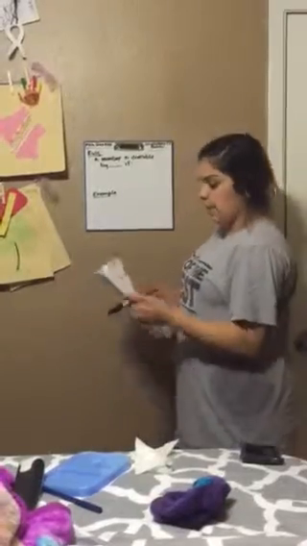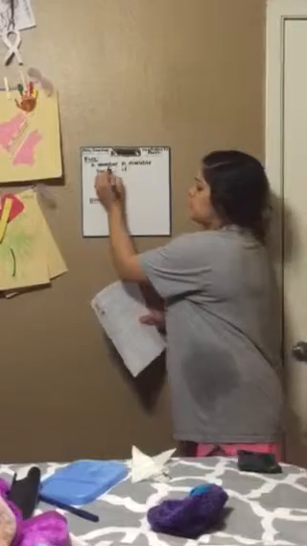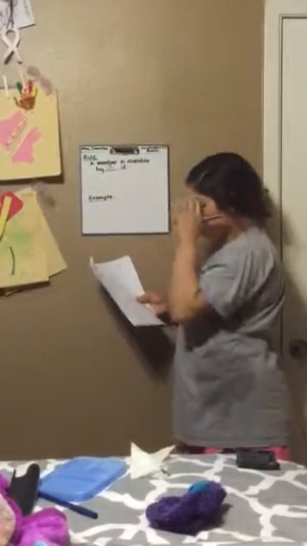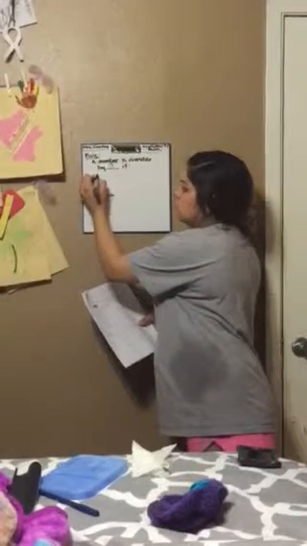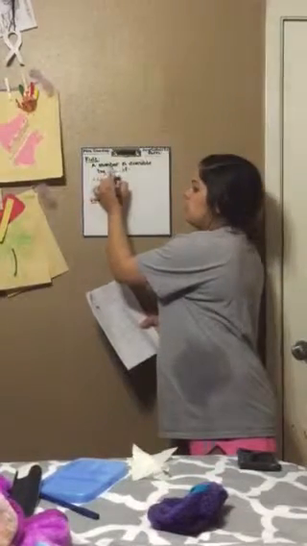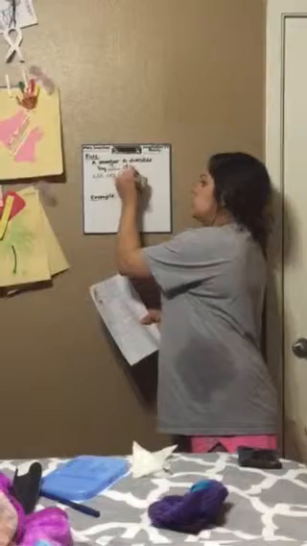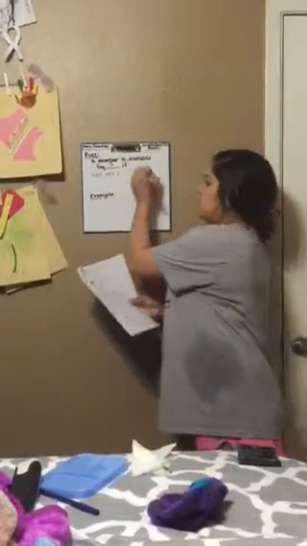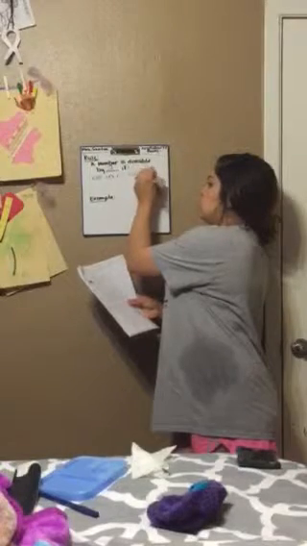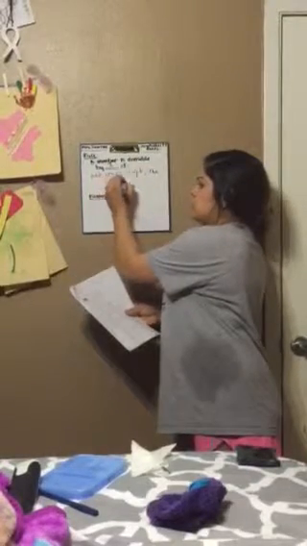The next rule is to find out if a number is divisible by 3. So a number is divisible by 3 if you add up all the digits, and their sum is divisible by 3.